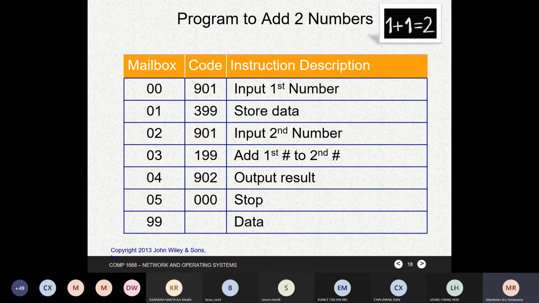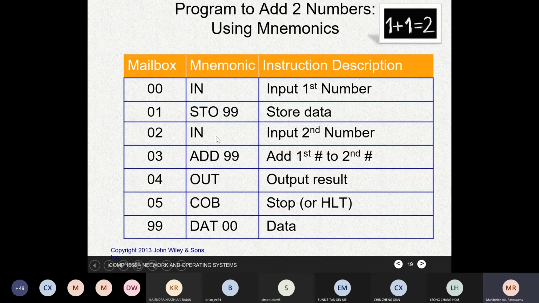With code you have to remember what is 901, 199 or 902 and so on. But over here you don't have to remember numbers. You remember the mnemonic, the symbol. For example, at mailbox 00, I do IN, meaning input the first number. Then I store at 99.